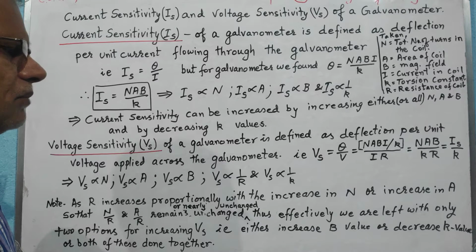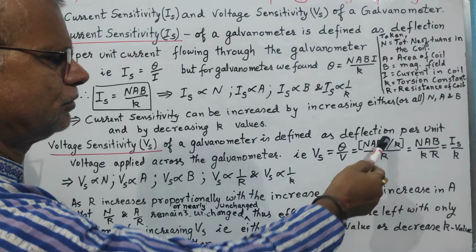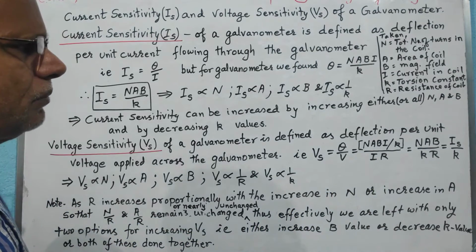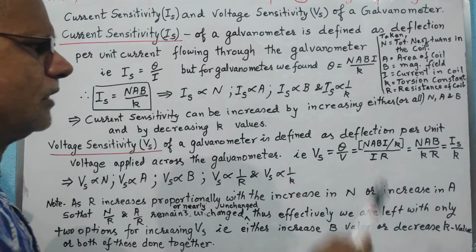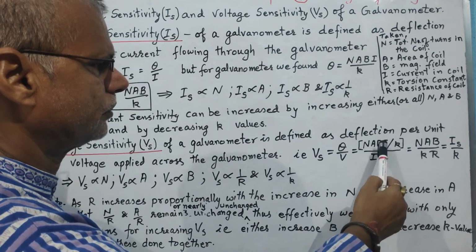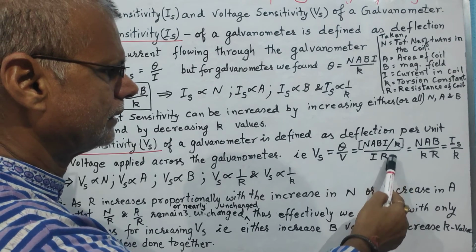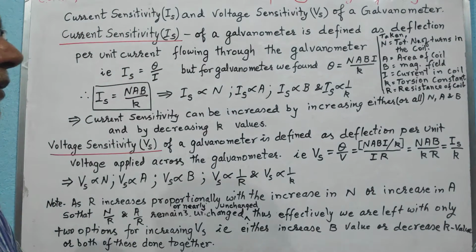Here I is in the numerator and I is in the denominator, so these two cancel each other, and we are left with NAB upon KR.